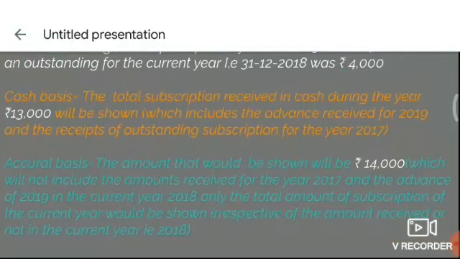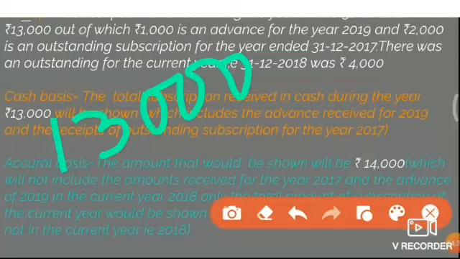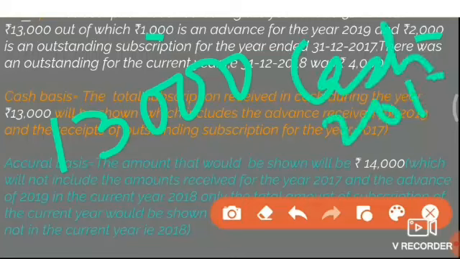If it is on cash basis, then we will record only 13,000, which will include that advance of 1,000, and it will also include the amount of 2,000 rupees which belongs for the previous year. So it will not consider time, it will consider cash which is actually received in 2018. So under cash basis it will be recorded as 13,000.